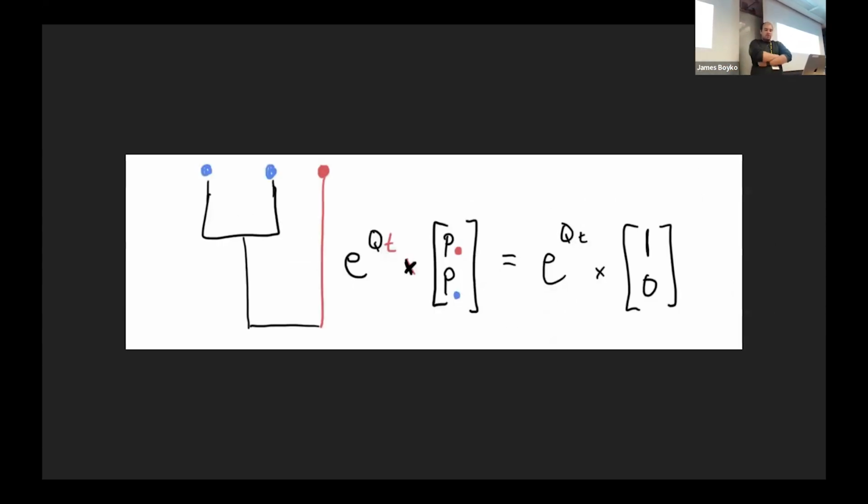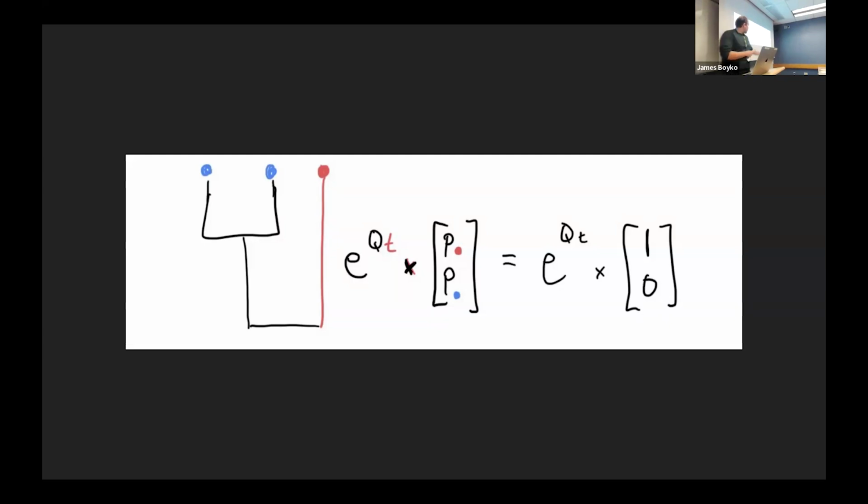How are we going to then do our modeling? Well, we take e to the Qt and multiply it by this probability vector over here, which is the numerical representation of our tip state. If this was woody and herbaceous, and this lineage is herbaceous, we'll say red is herbaceous, then the vector is going to be 1 and 0.